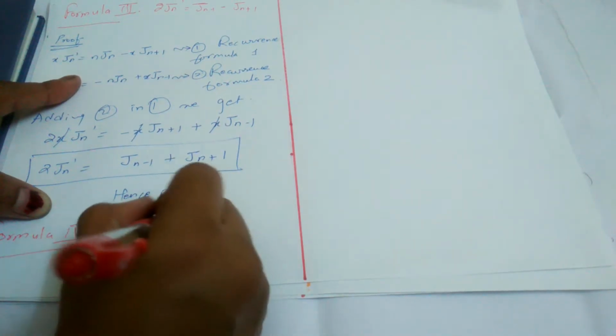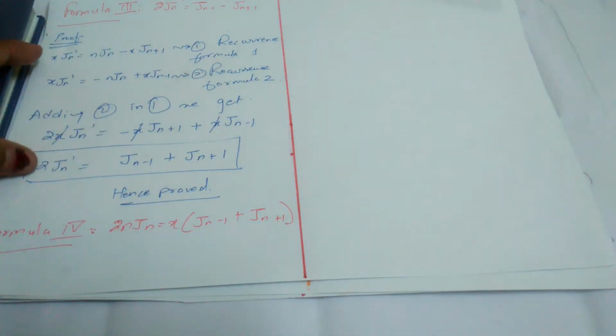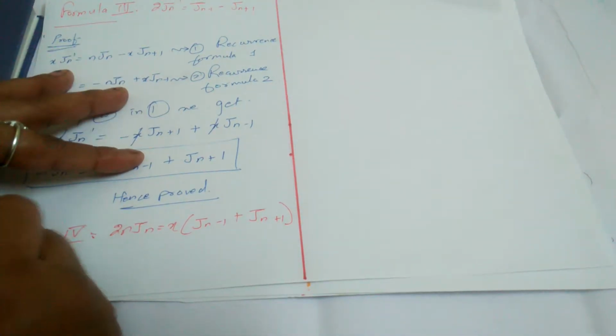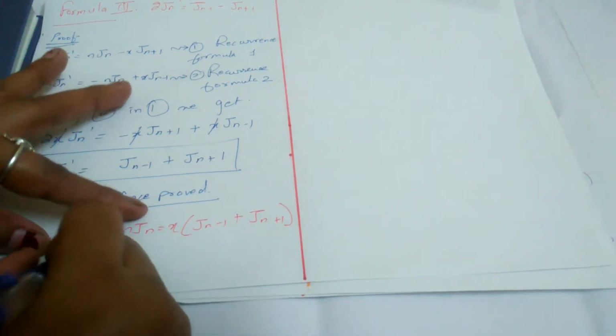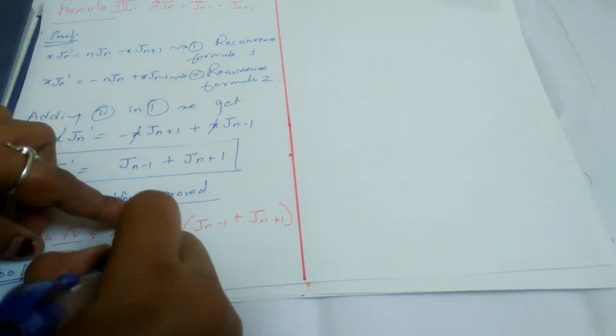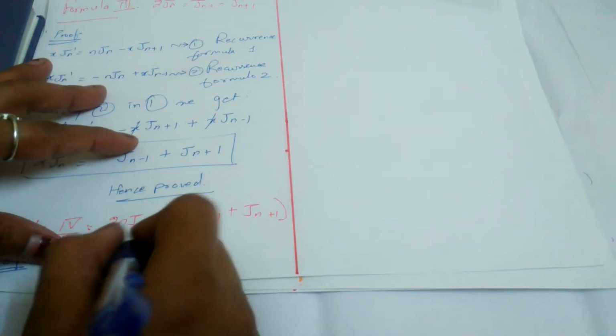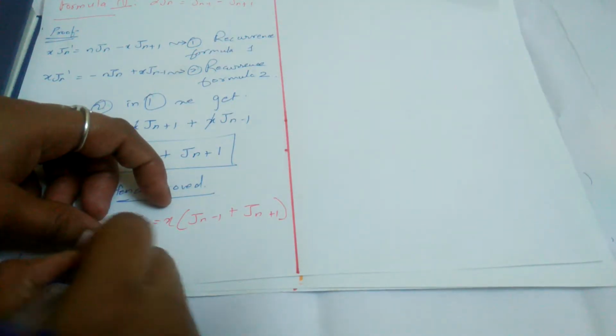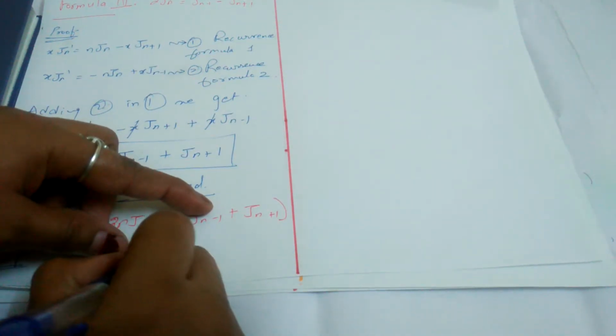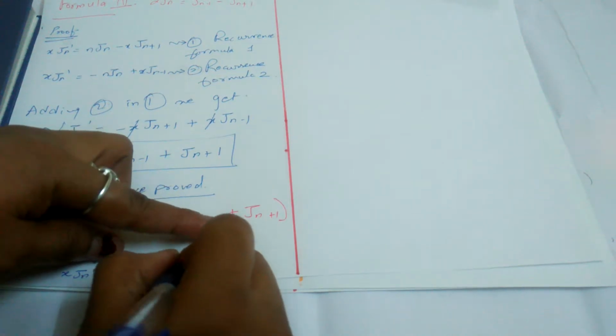2n Jn equals x of Jn minus 1 plus Jn plus 1. So in this case we will subtract our terms and we will be getting these terms. Again, this same thing we need to write down: x Jn dash is equals to n Jn minus x Jn plus 1.